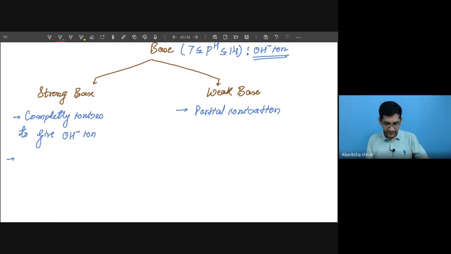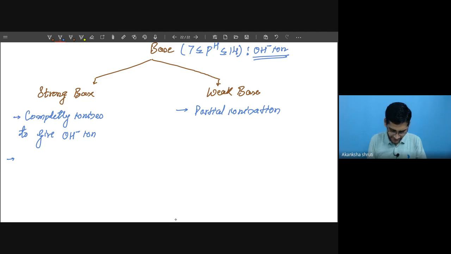Here the pH value we will say, a stronger base means more OH minus, means lesser H plus, so more the value of pH. So the pH range is above 10 or 11. So write that one also.